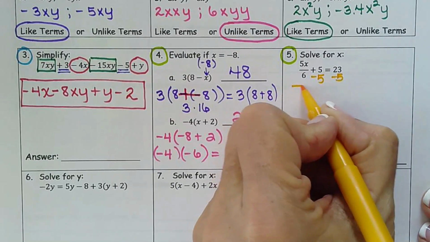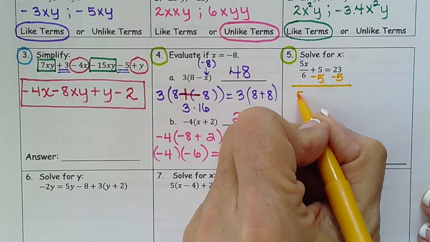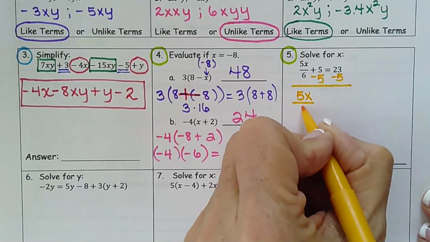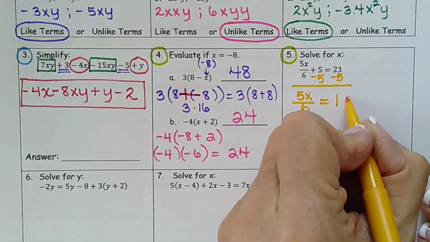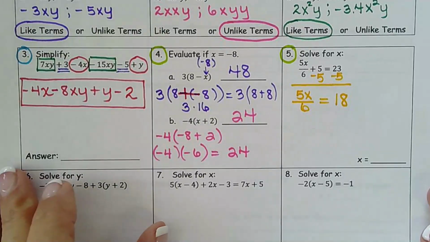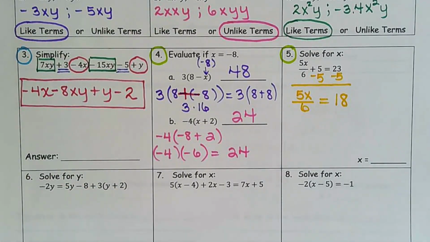This is kind of leading into what we're doing today in class 2. So 23 minus 5 is 18. Now we have a problem just like what we did on our notes, and I showed you two different ways to do it.